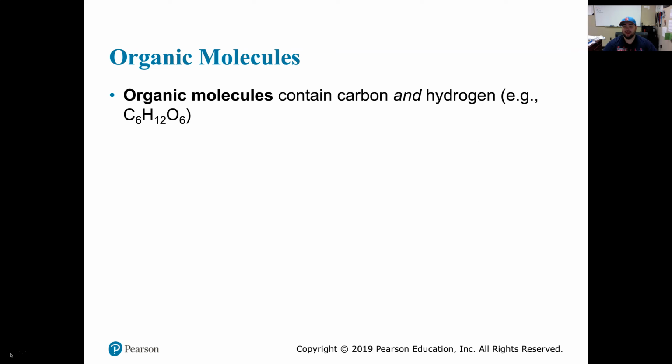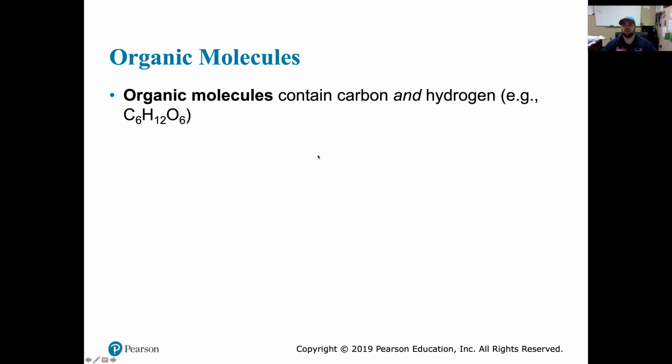We're going to look at organic molecules in this chapter. Organic molecules are molecules that specifically have both carbon and hydrogen in their structure, in their chemical formula. This example right here, C6H12O6, is glucose. There's a whole bunch of others.